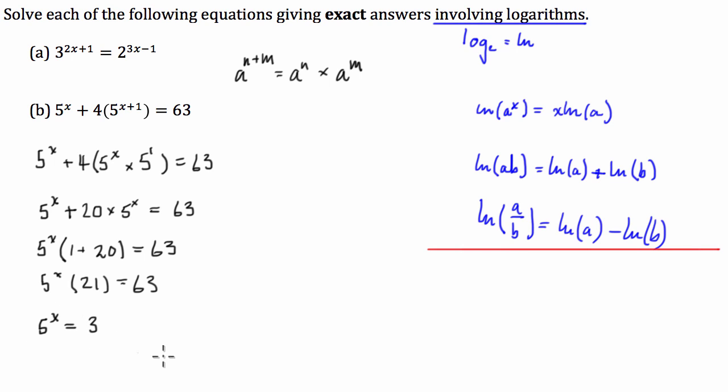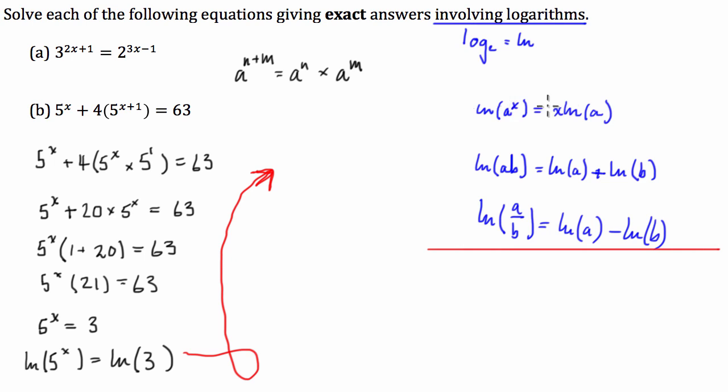Cool, so now we can take the logs, or the natural logarithm, of both sides. So we're going to have ln of 5^x equals ln of 3.